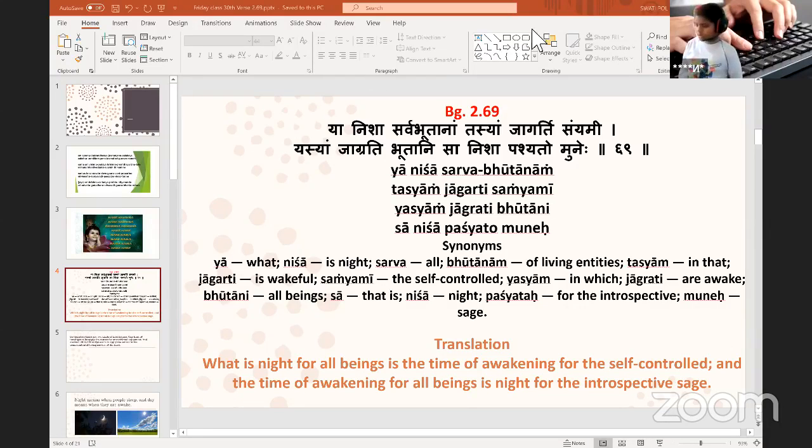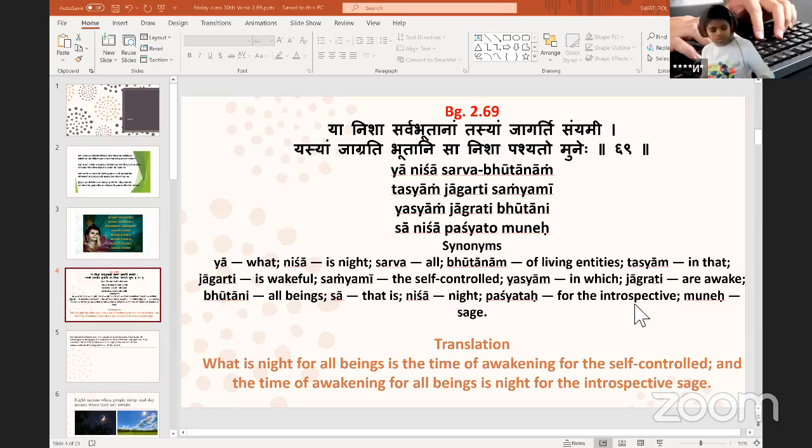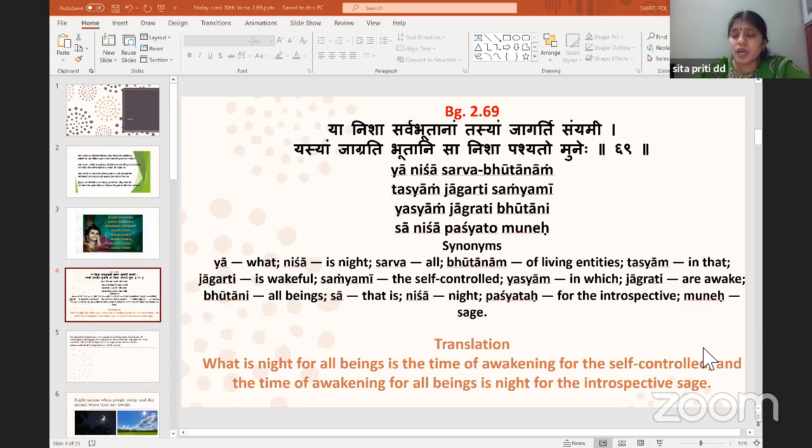Tanisha, Pashyato, Mune, Yanisha Sarvabhutanam. Yanisha, Sarvabhutanam. Yanisha Sarvabhutanam. Yanisha, Sarvabhutanam. Tasyam Jagrati Samyami. Tasyam Jagrati Samyami.